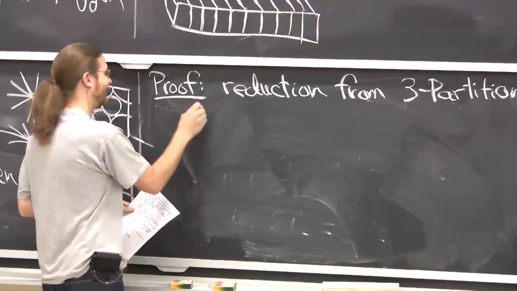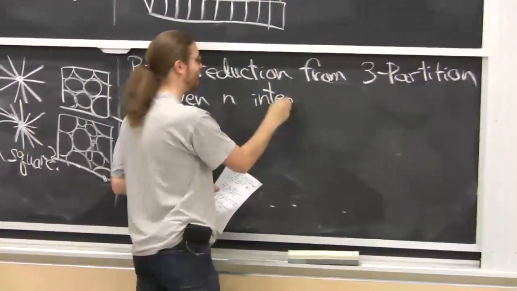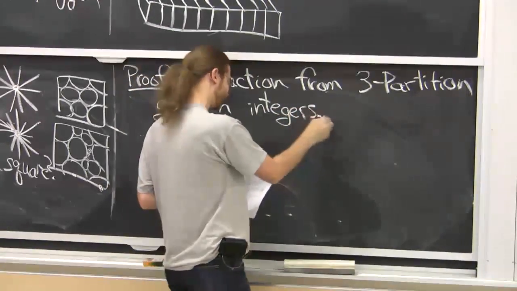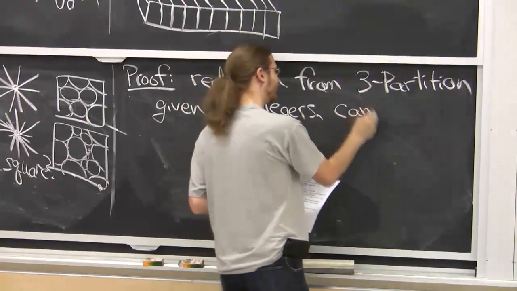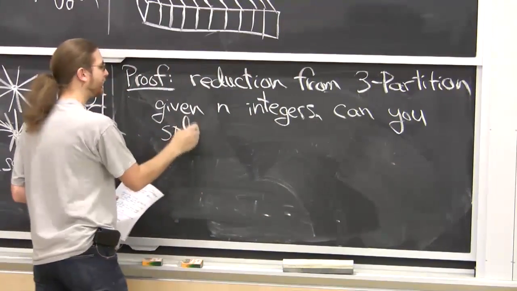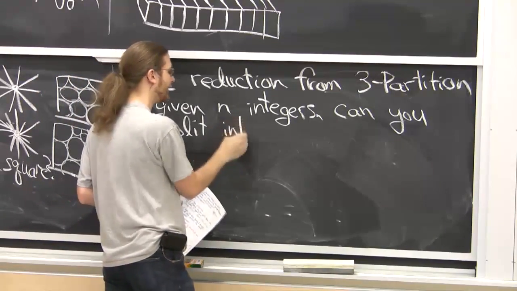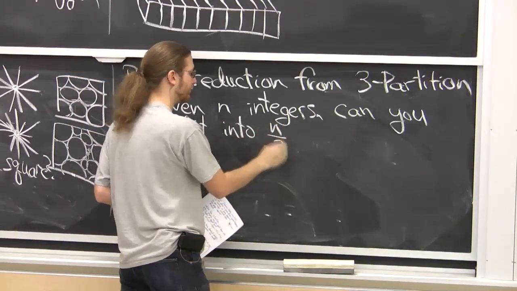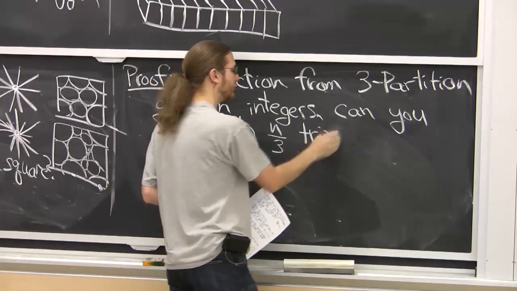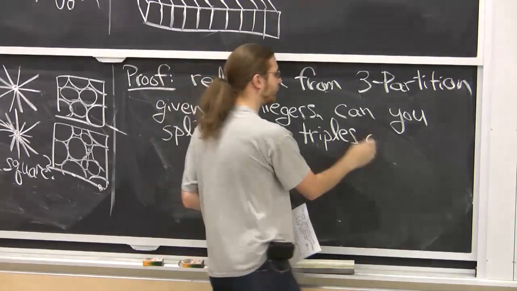So it's not so obvious. Maybe it should be called N over 3 partition. So instead of the number of parts being 3, the size of each part is 3. So N should be divisible by 3. So I'm going to partition into N over 3 triples of numbers of equal sum.